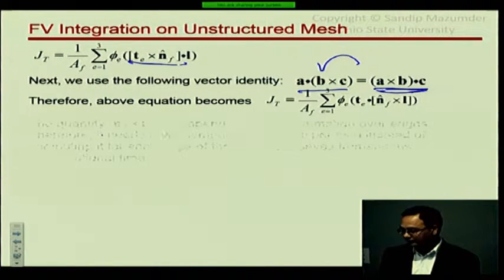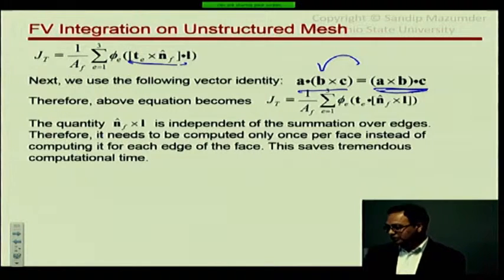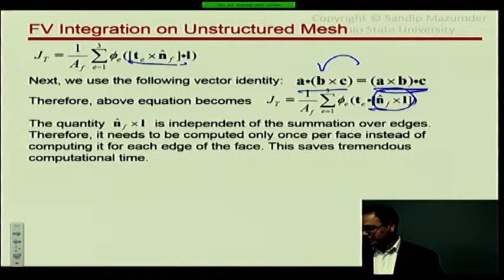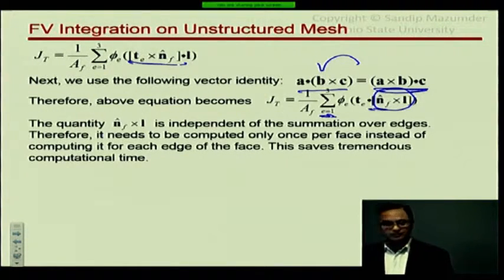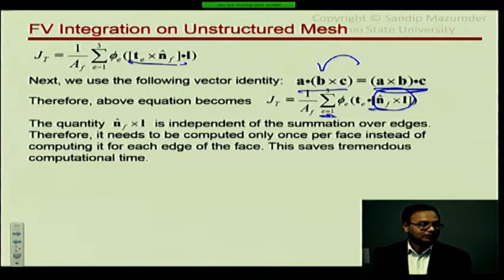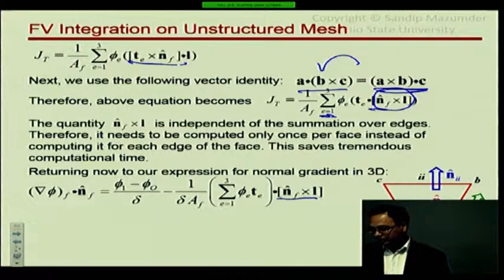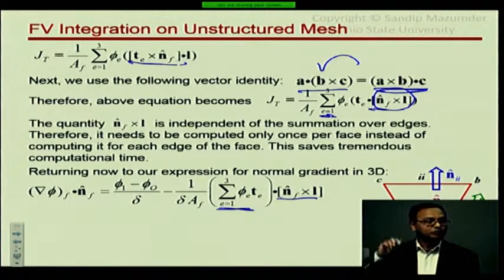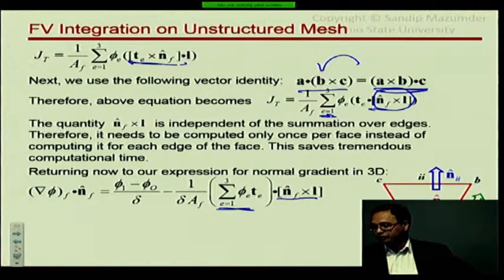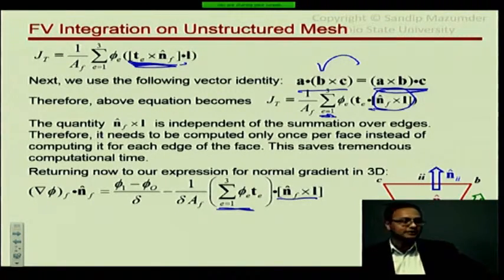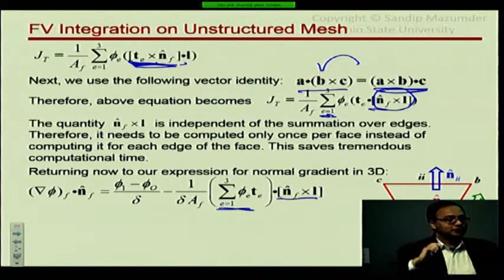So this quantity here is really independent of these edges. What does that mean? That means I can compute it only once and then do this summation first and then do the dot product with that quantity, as opposed to computing this for every edge, which is pretty tedious because that's a cross product.